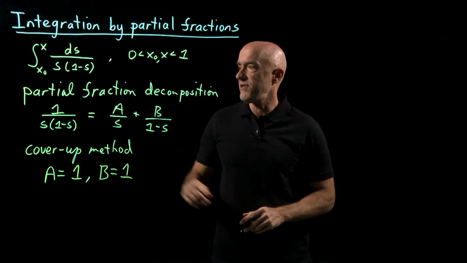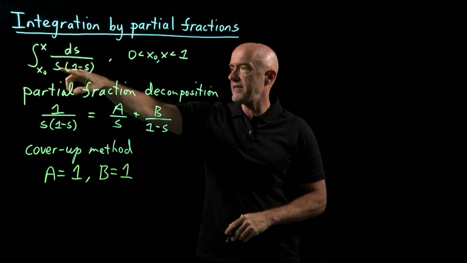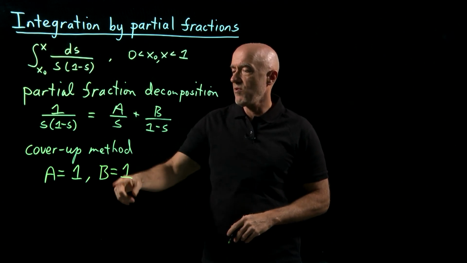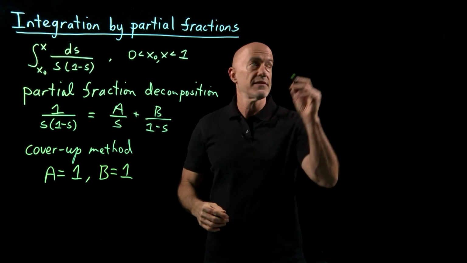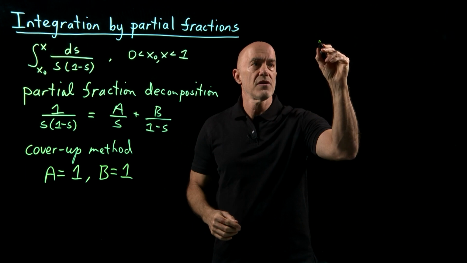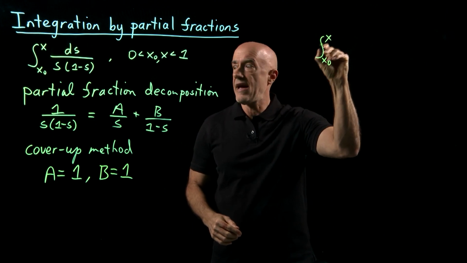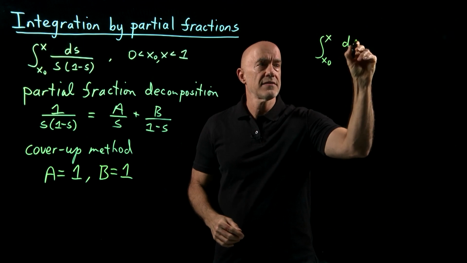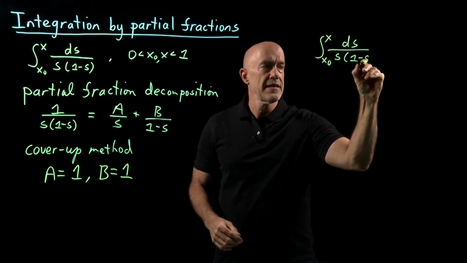Okay, now we're ready to integrate. Instead of integrating 1 over s times 1 minus s, we're going to integrate 1 over s plus 1 over 1 minus s. So let's write the integral. We have the integral from x naught to x of ds over s times 1 minus s.